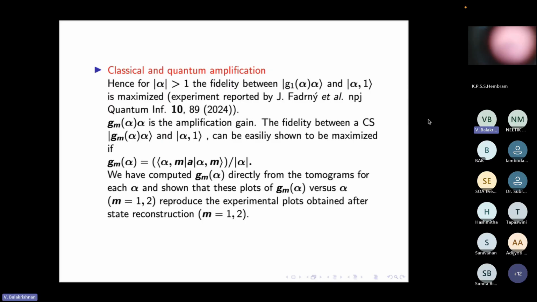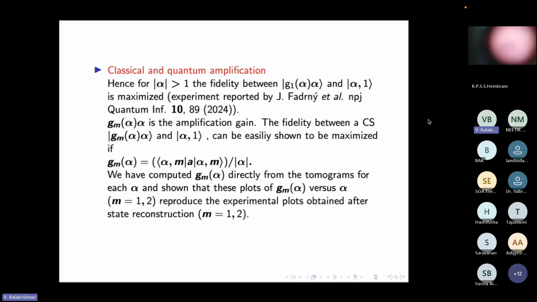If that is the way you define Gm of alpha, then the fidelity between Gm of alpha and alpha comma M will be maximized. But we have computed Gm of alpha directly from the tomograms for each alpha and shown that these plots reproduce the experimental plots obtained after state reconstruction.